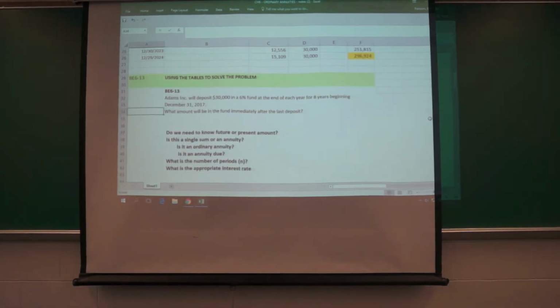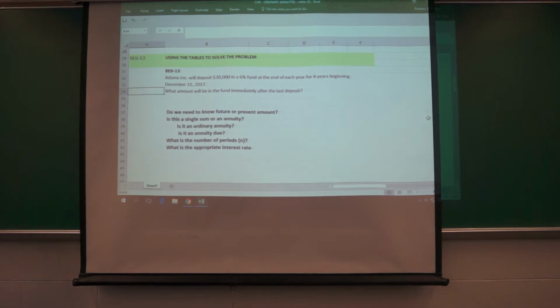You can do this on Excel, or you can use the tables to solve the problem. So here, if we are going to do the tables, I use the same set of questions. Tends to work out pretty well.